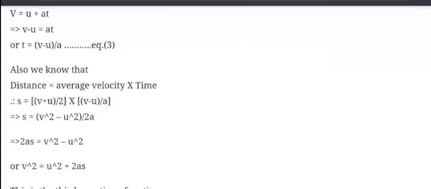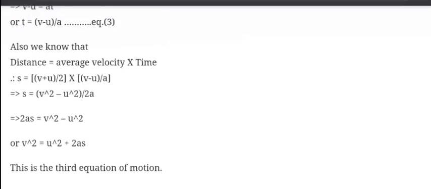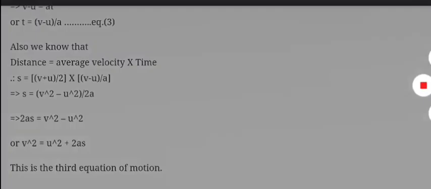So you will remove time by substituting the formula of time which we get from a is equal to v minus u by t. You find the value of t and substitute, and the rest is only simple mathematics. Clear? So this was the third equation of motion.